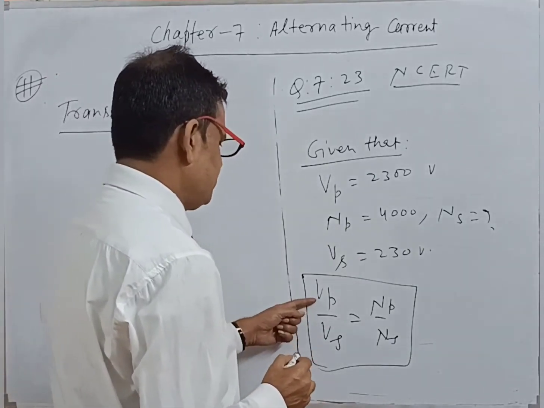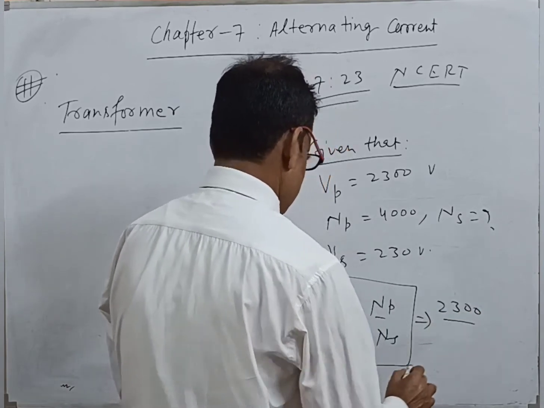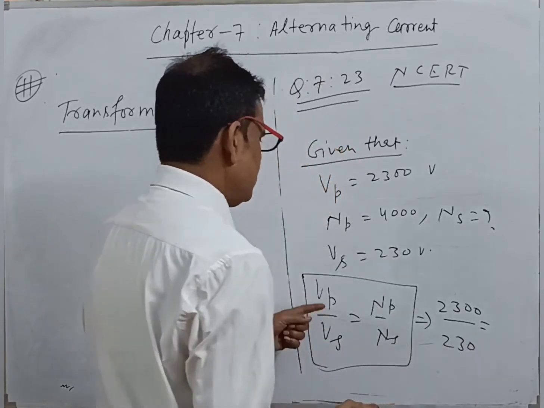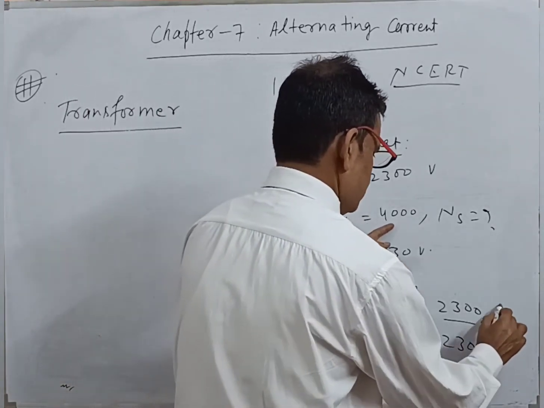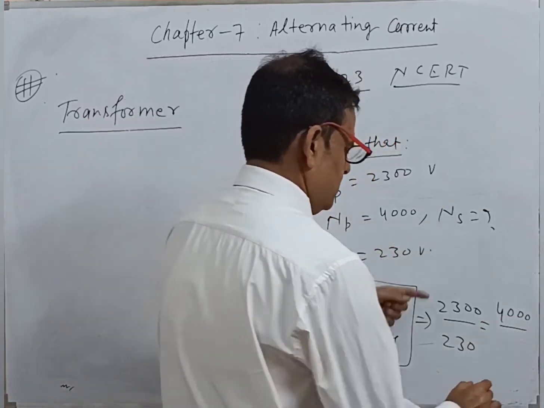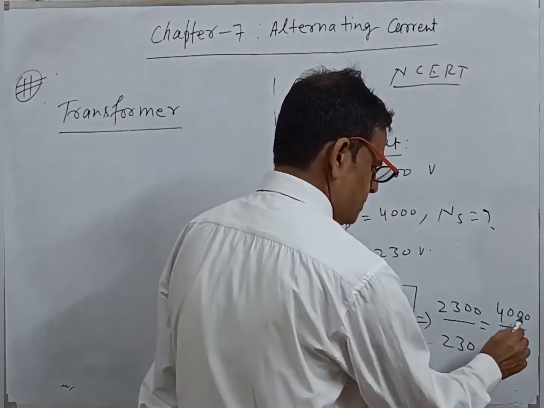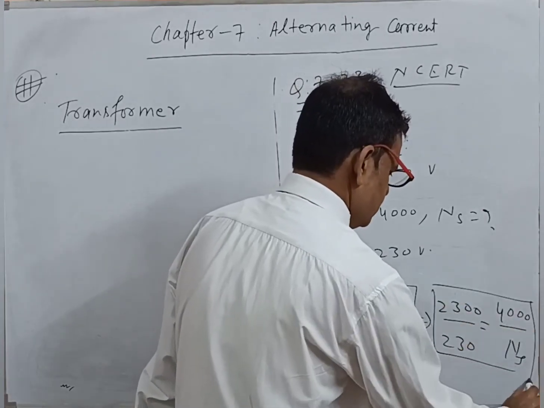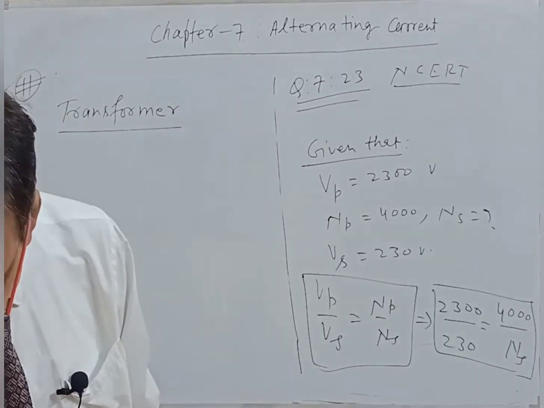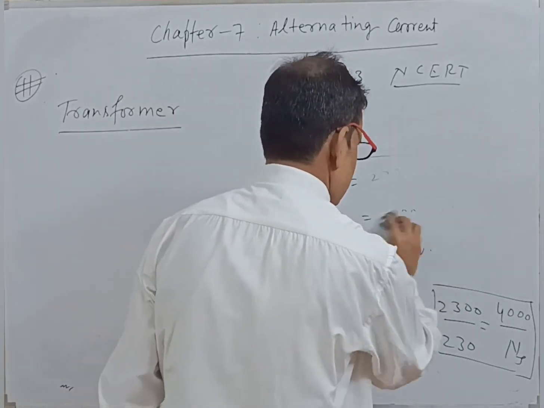We can put the value Vp, means 2300, divided by Vs 230, is equal to Np 4000 divided by Ns. That means we have to calculate, simplify. What will be the value of Ns?